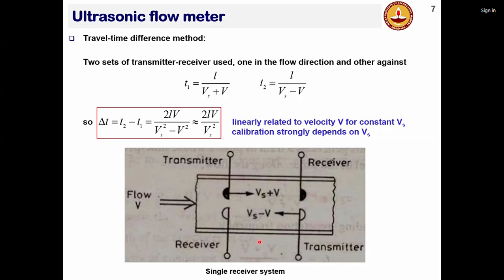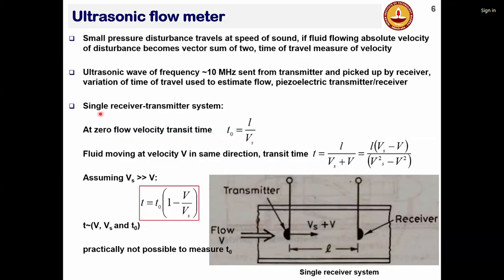In another case, you have the transmitter on the right and receiver on the left, so the sound wave is moving opposite to the direction of the flow. We can determine the velocity using this method, which is called the travel time difference method. The previous method was called the single transmitter receiver system, so one transmitter, one receiver.